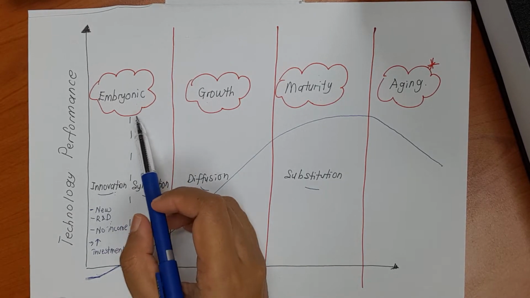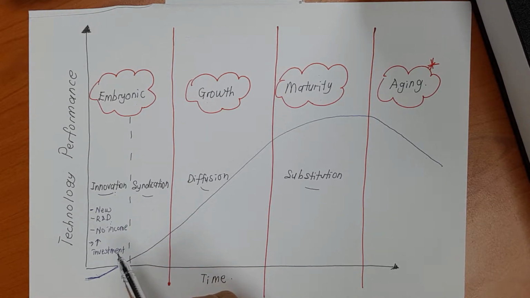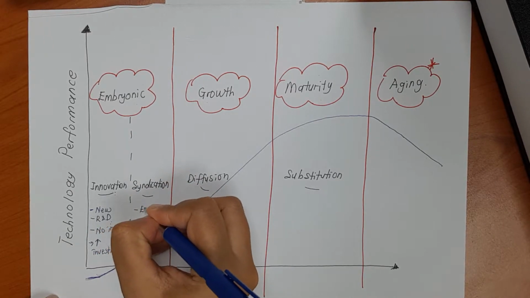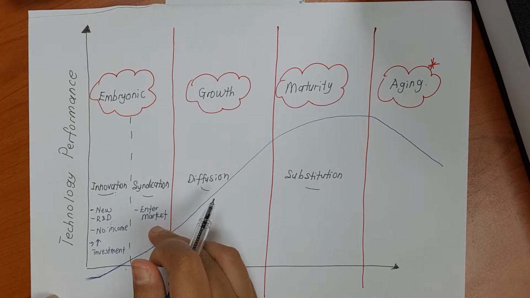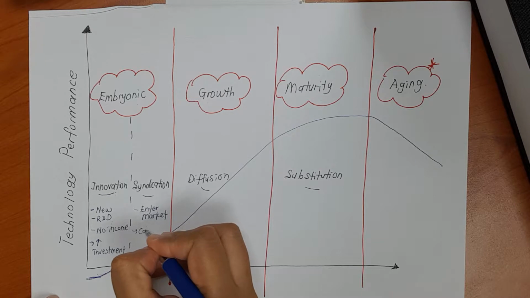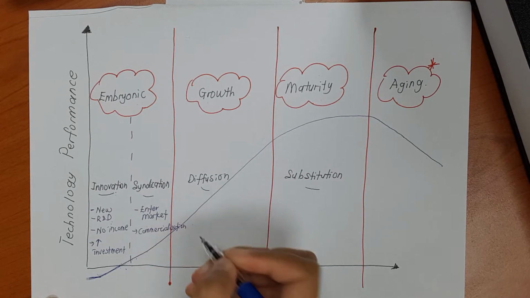Let's look at the next phase, still under the embryonic stage, which is syndication. In this stage, when we look at the graph, the technology starts to perform. When the technology performs, it enters the market at this stage. The product is launched and commercialized.